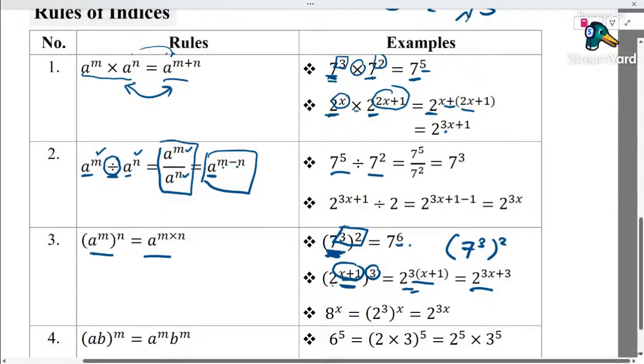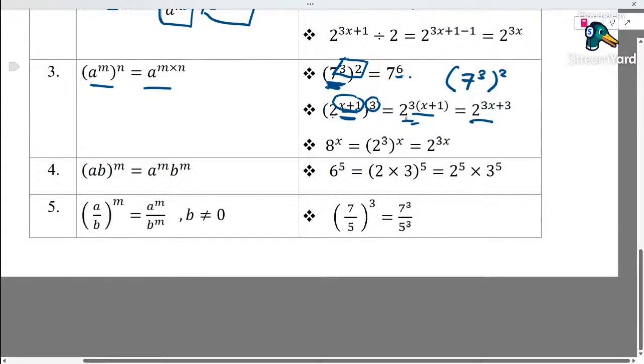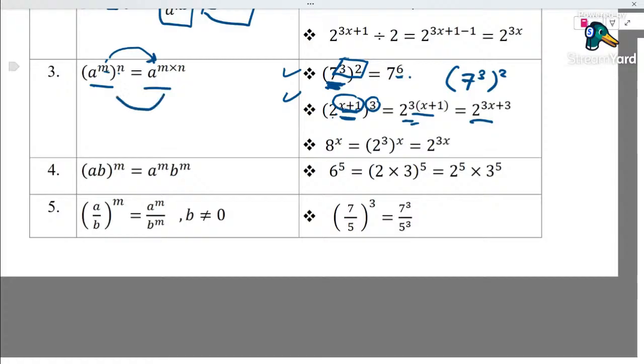For these rules, sometimes we may apply them in reverse. Just now, in these two examples, I had a power of a power and then multiplied the powers. In some situations, you may need to apply it in the reverse process.